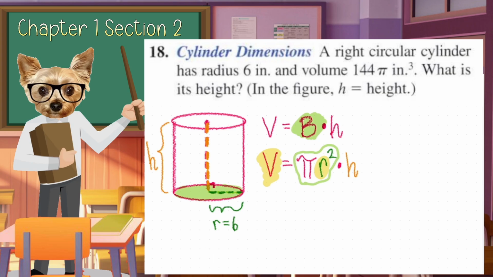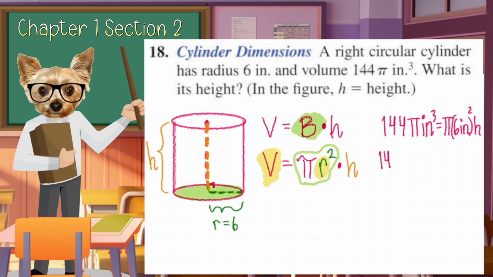So if I go ahead and do that, and I'll even leave the units in, I like to do that whenever it's not too messy. 144 pi inches cubed equals pi times 6 inches squared times h. All right.